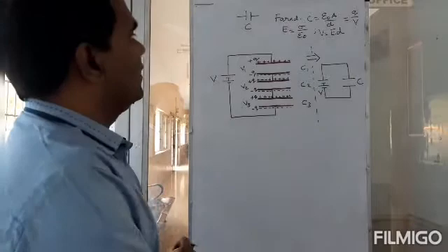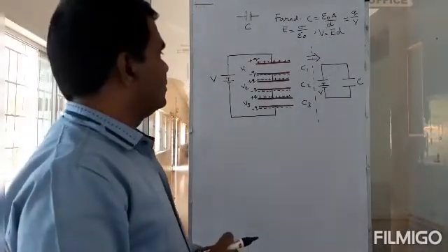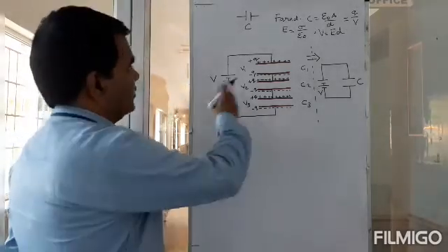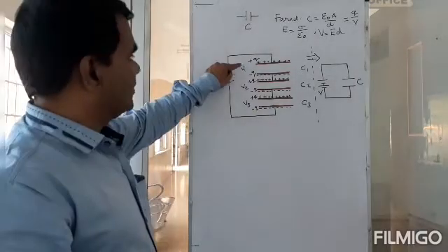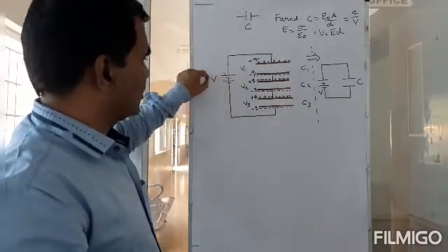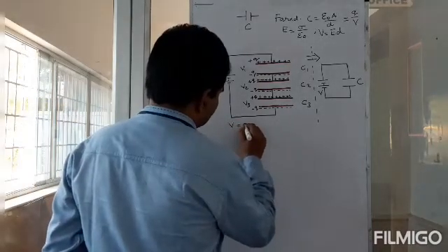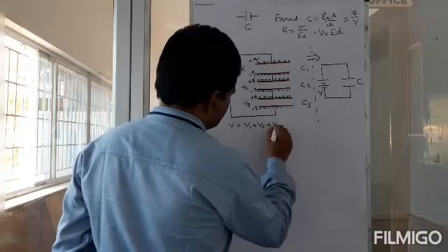Okay. So what do we do? What do we know? We know that this V1, V2 and V3 must be equal to V. So V must be equal to V1 plus V2 plus V3.